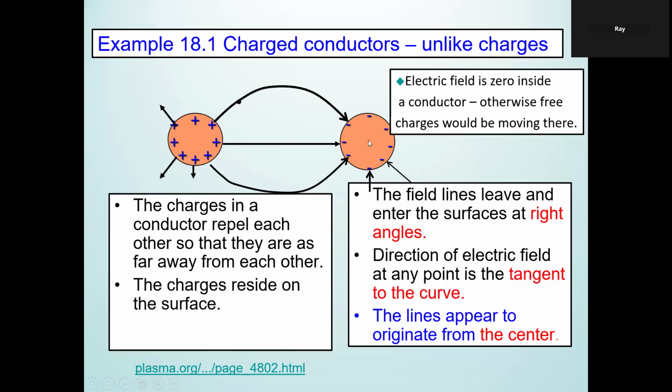It looks as if the charge is concentrated at the center. Same here, the positive charge appears concentrated at the center. If you're interested in this point, it's just the direction of the electric field. Okay, same as a point charge.